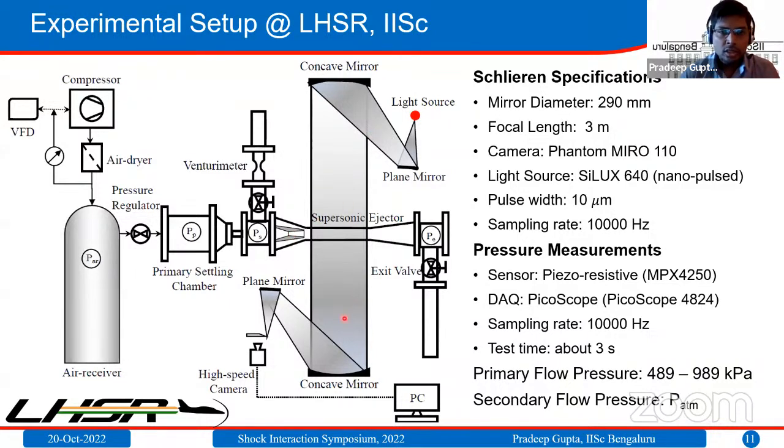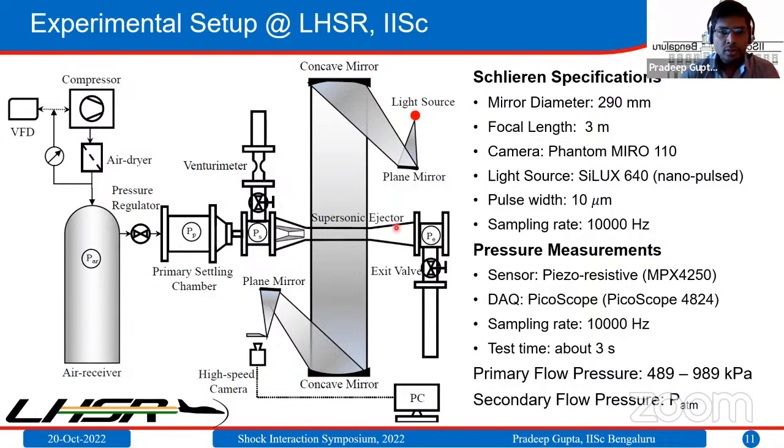This is the Schlieren setup where we used this nano pulse light source, with a pulse width of 10 nanoseconds. The parabolic mirrors have a focal length of 3 meters. We used a Phantom high-speed camera, which captured the Schlieren images at 10,000 hertz.